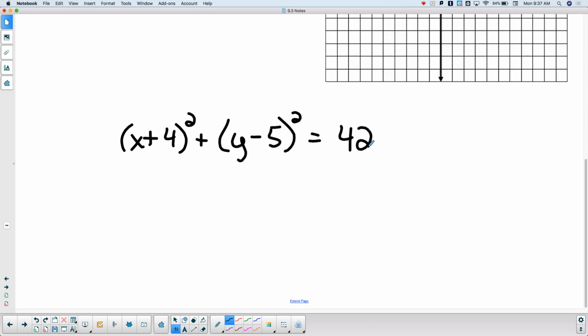Okay? All right? So what is the center of that circle? -4, 5. What is the radius of that circle?